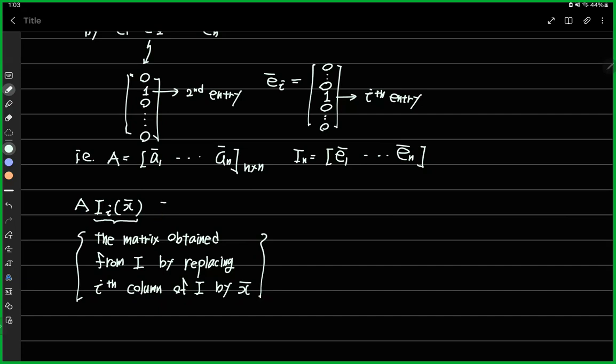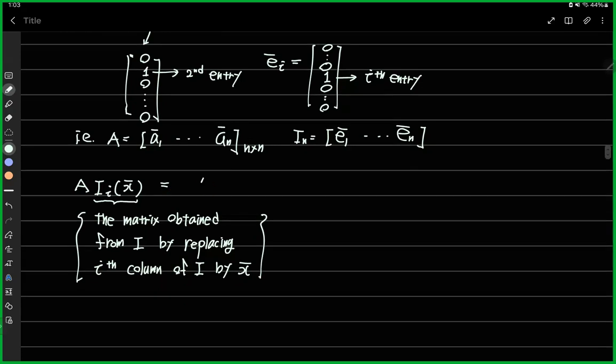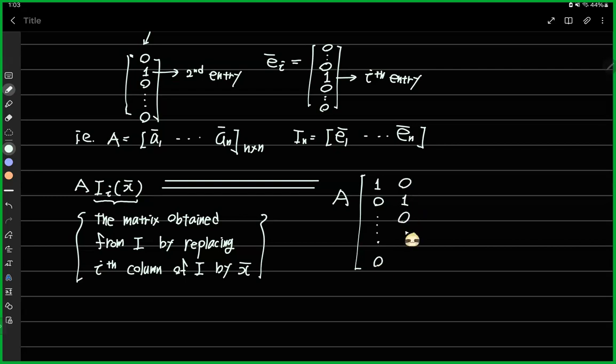So now this is equal to A times the matrix with columns E1 through to x bar in the ith position through En: x1, x2 through xn, with 0s and a 1 in the other columns.